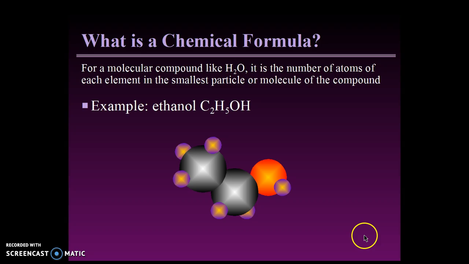For instance, ethanol, C2H5OH. Ethanol is a compound, and as you can see, it's made up of 2 carbon atoms, here shown in black in the beginning, and 1, 2, 3, 4, 5 hydrogens attached to the carbons, and an OH or hydroxyl group at the 4th bond on this carbon.